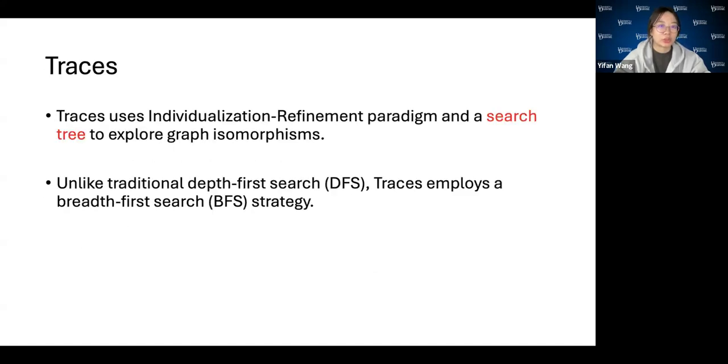Today we will talk about the Traces algorithm. Traces uses the individualization refinement paradigm combined with a search tree to explore graph isomorphism.